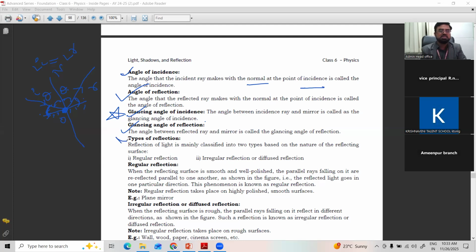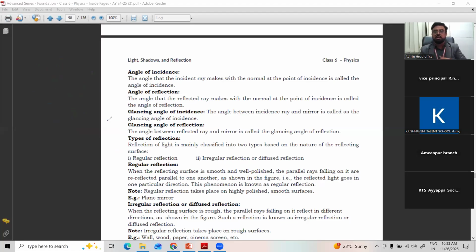After knowing that, we'll see the types of reflections in the next class, which you already saw in the video. Regular reflection, irregular reflection, right? It's also called diffuse reflection. So in the next class, we'll continue with these terminologies. A very small lesson we have seen today.